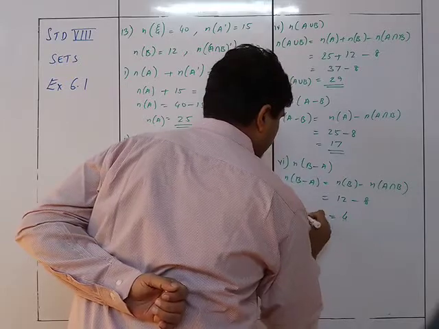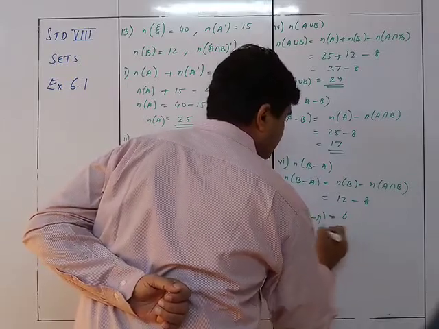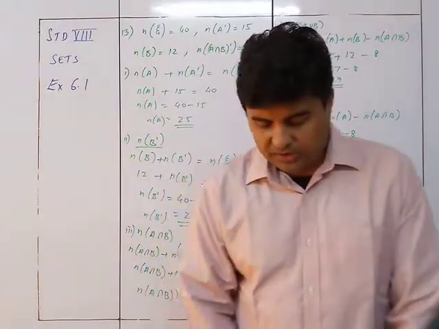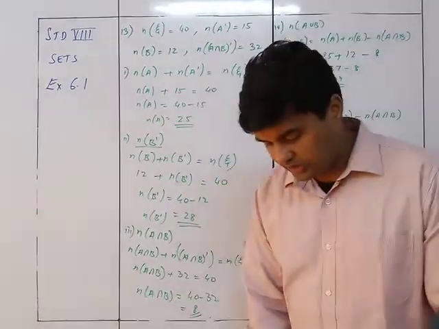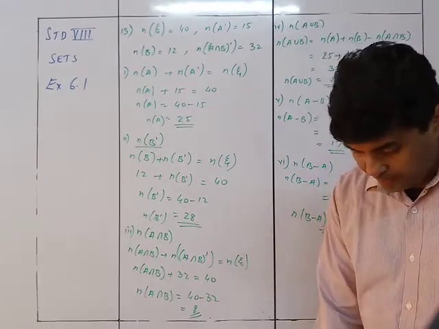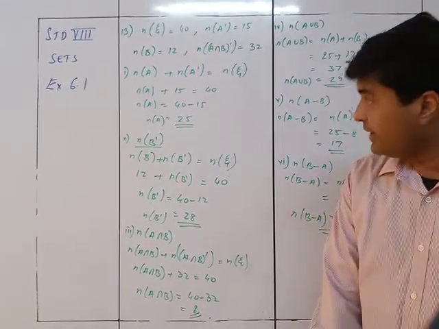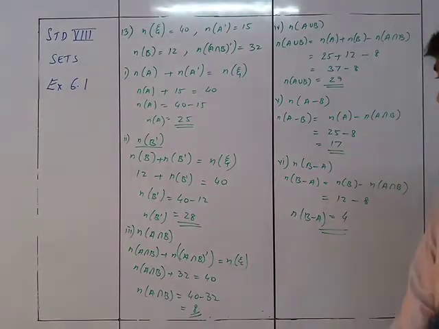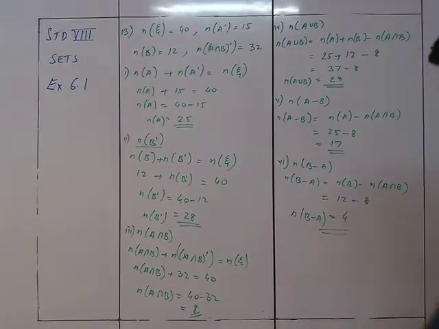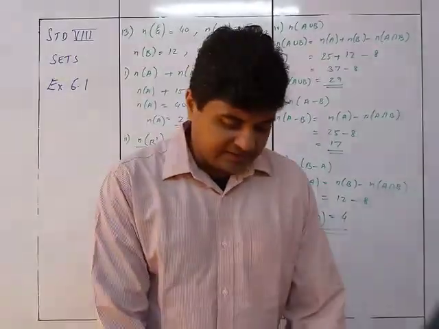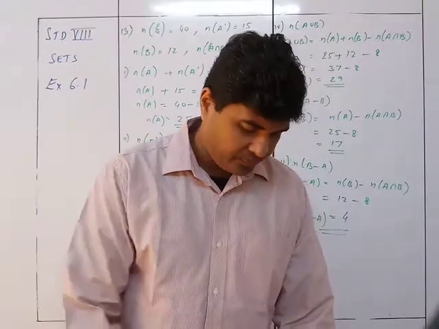So n(B minus A) is equal to 4 over here. So here we got the answers for sum 13 of exercise 6.1: 25, 28, 8, 29, 17 and 4. Clear? So this was your exercise 6.1.